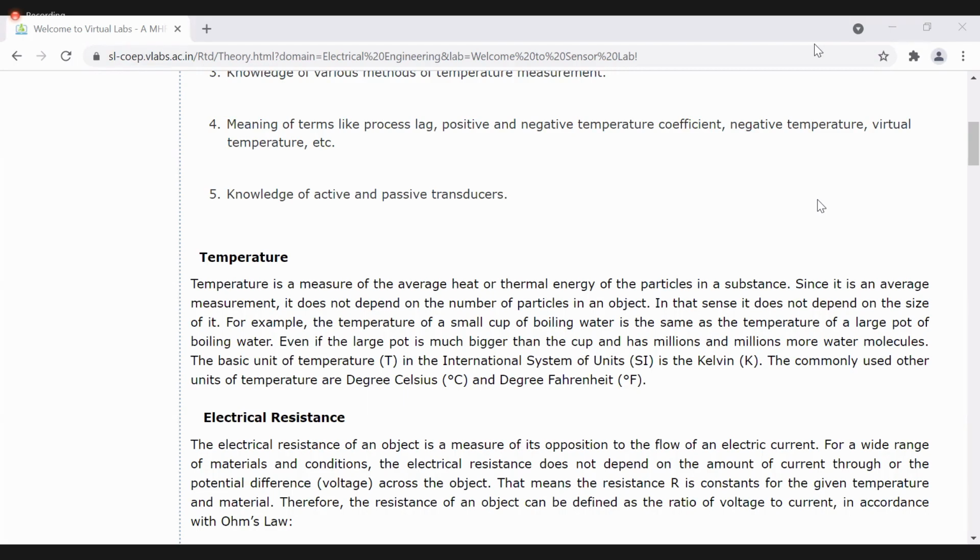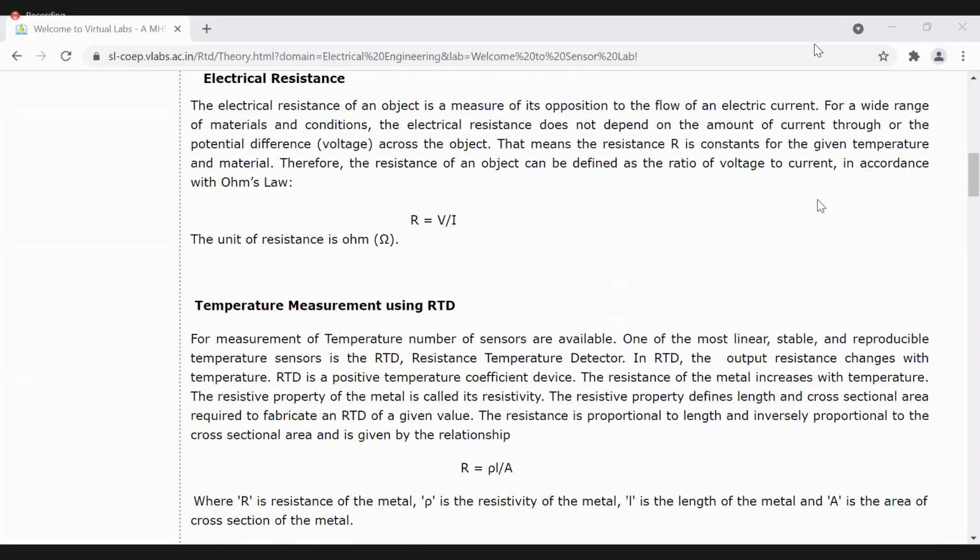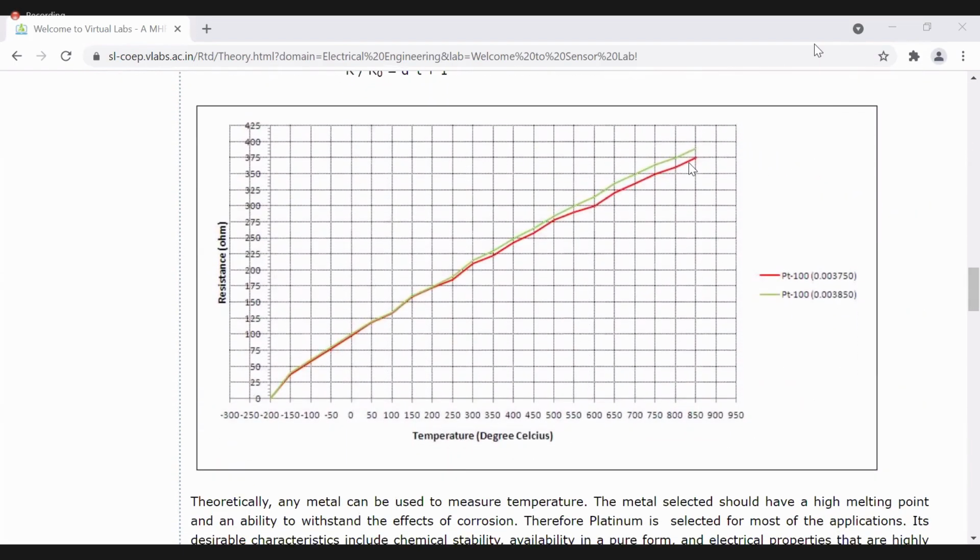Yes, what did you understand about RTD? Sir, RTD is a temperature sensor which uses the resistance of the substance to measure the temperature. Okay. Now I will show you a graph. Can you explain about this graph?